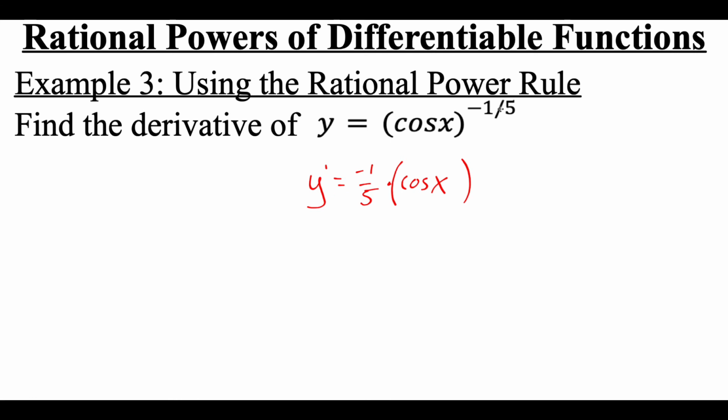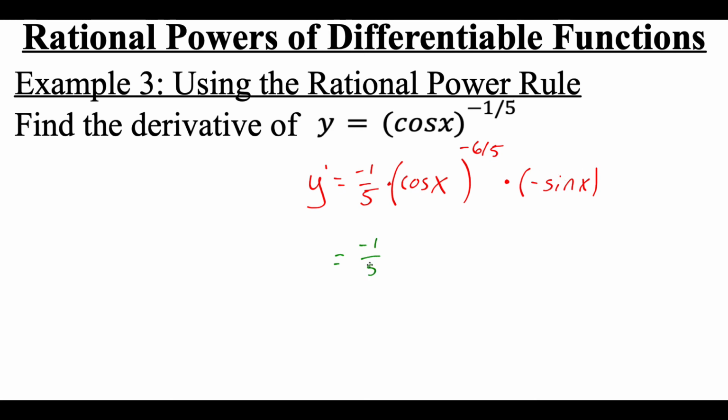If I subtract 1 from the negative 1/5 power, that gives me negative 6/5 as my exponent. But now I need to multiply by the derivative of the thing that's on the inside. The derivative of cosine of x is negative sine of x. Now I am going to clean this up a bit. I'm going to rearrange the multiplication and take this negative sine of x that's on the end and bump it up to the front.